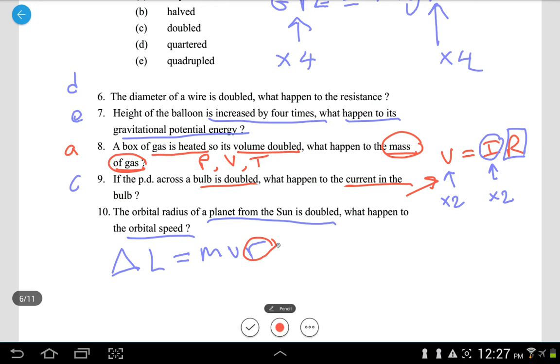Now, the mass of the planet normally remains constant. So the only thing that has to change in order for delta L to remain constant is V. This V has to reduce by half. So we are multiplying these two and we should get 1. So we can say V has to reduce by half. So the answer for this is B.